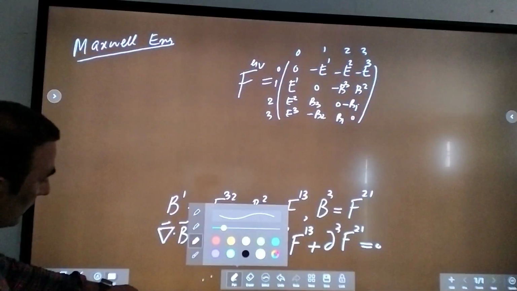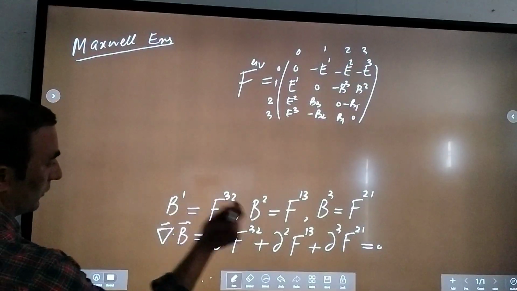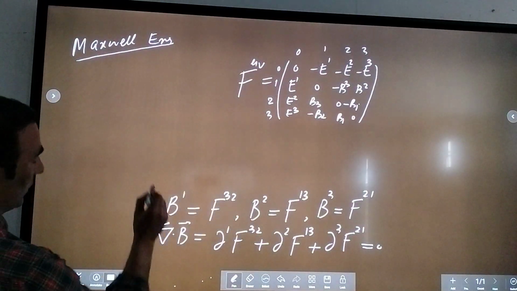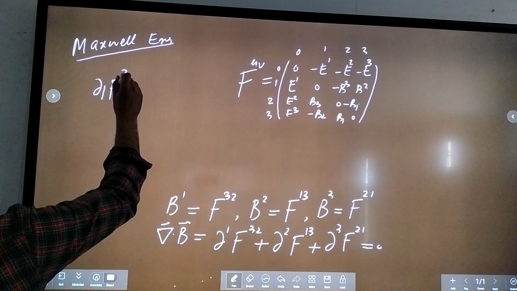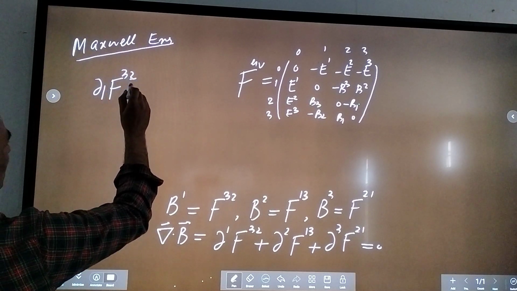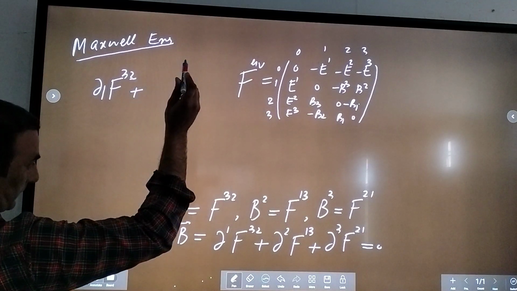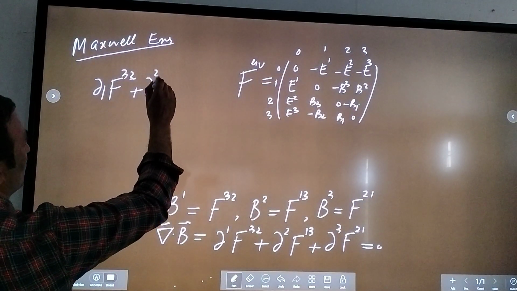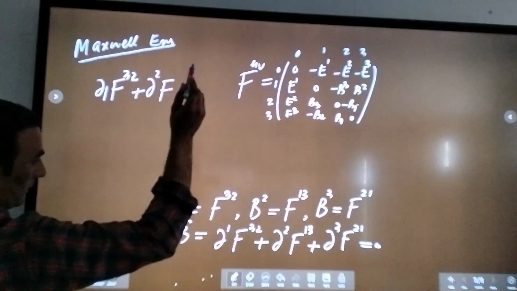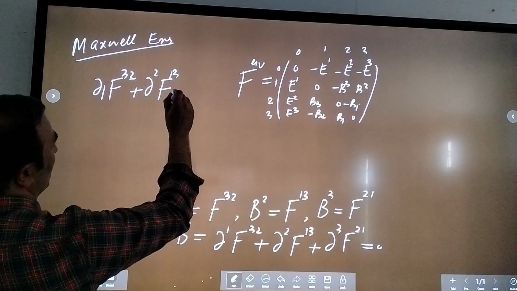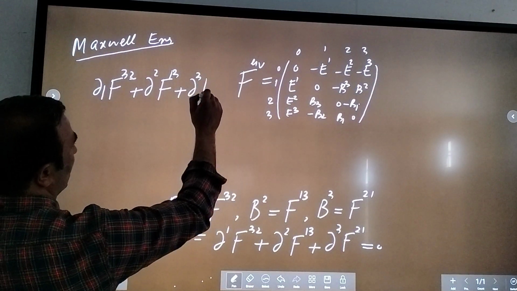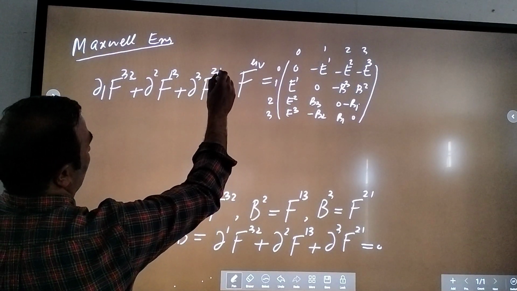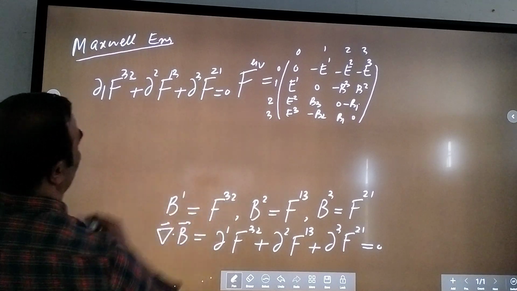Okay, so let us write now this nabla dot b. So this is our partial one F32 plus partial 2 F13 plus partial 3, that's equal to 0, right?